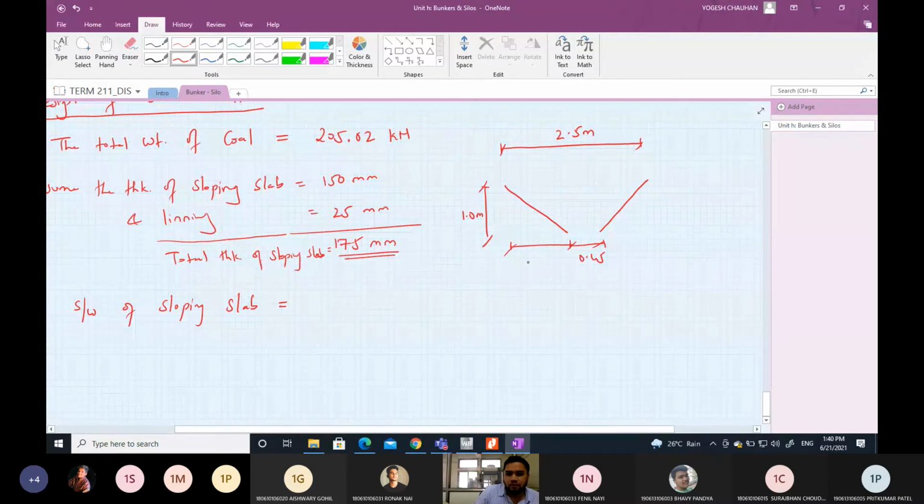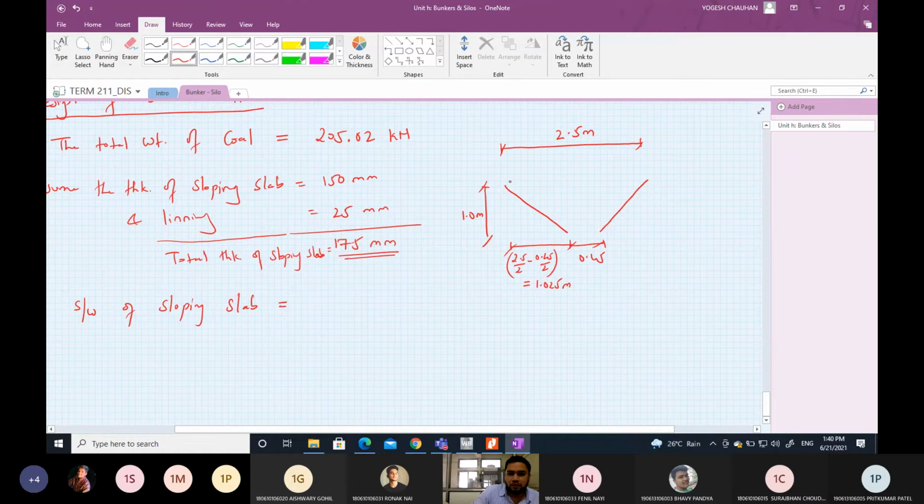So this will be 2.5 by 2 minus 0.45 by 2. That will give you 1.025 meter.